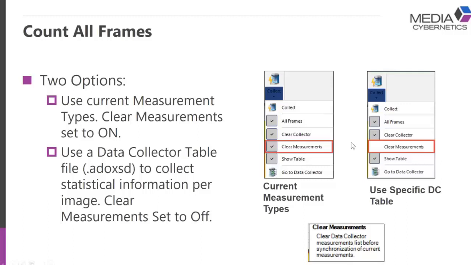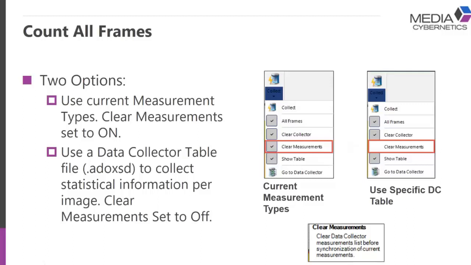Here's the key, clear measurements, because there are two primary options. If I want to collect all the raw data using how I have my measurement types, image name or object name, the area of it, diameters, any of those parameters that you set up to count the particles or the cells or whatever it may be that you're counting, with this on, this will sync to that.